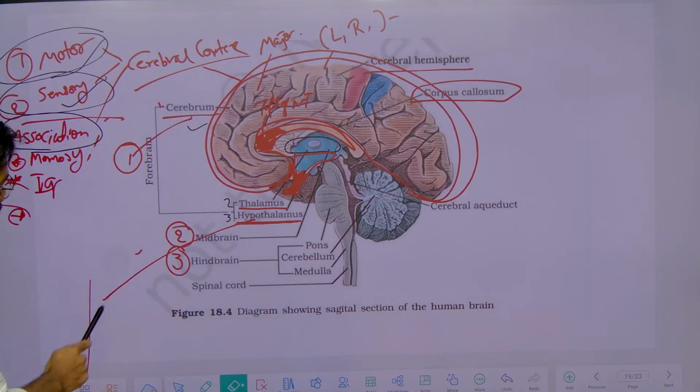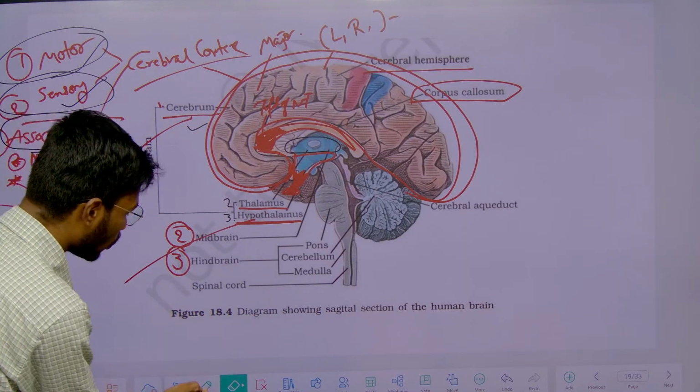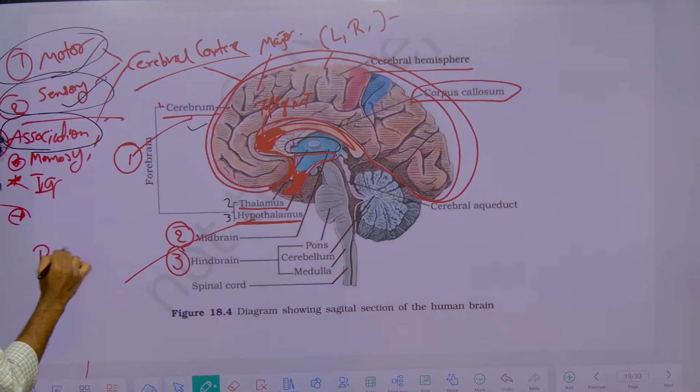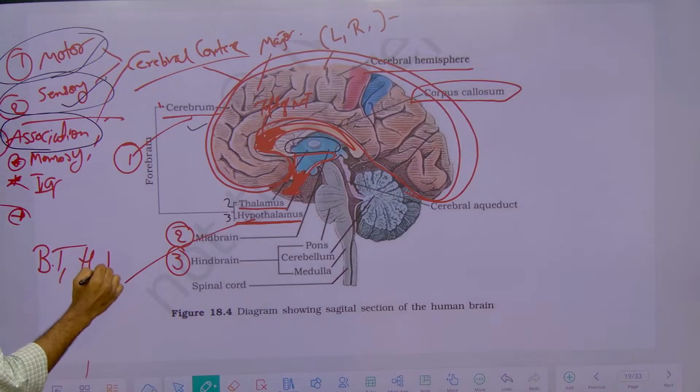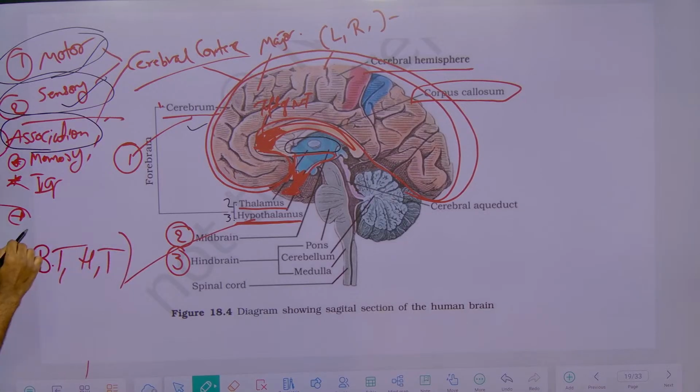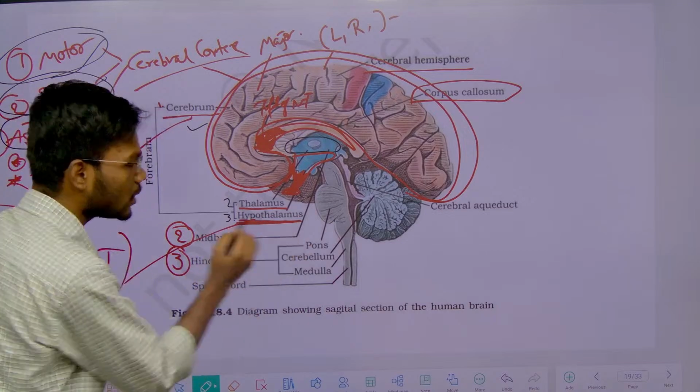It performs functions like controlling body temperature, hunger, and thirst. So these are all regulations. Controlling the body's internal and external temperature. Homeotherms maintain their body temperature. That kind of function is controlled by the hypothalamus.